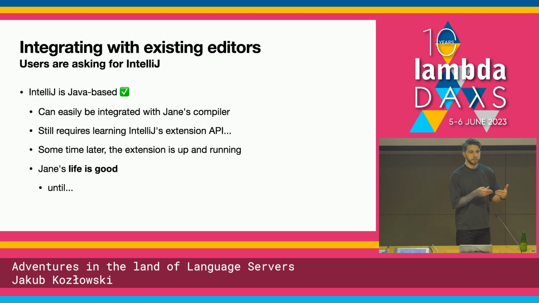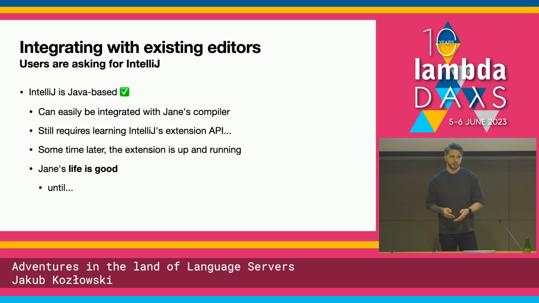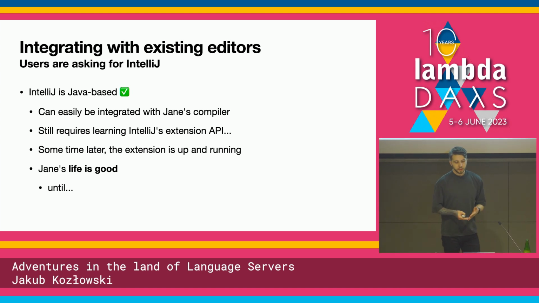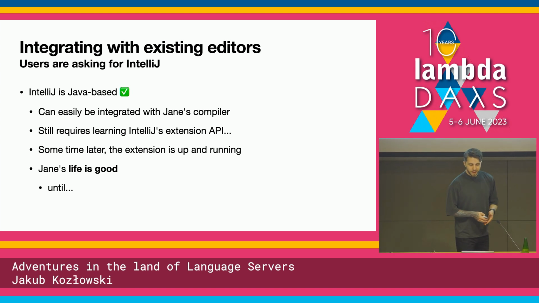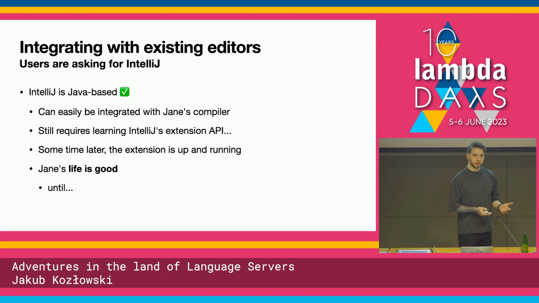And that means that we can easily integrate the tools that are already there, the compiler or interpreter, with this editor. We just have to learn the IntelliJ extension API, which has some intricate complications to it. But sometimes, this isn't rocket science. You can learn it, and sometime later, the extension is up and running, and Jane's life is good.